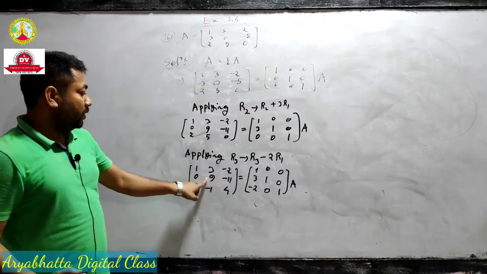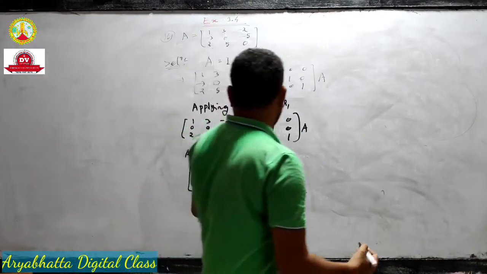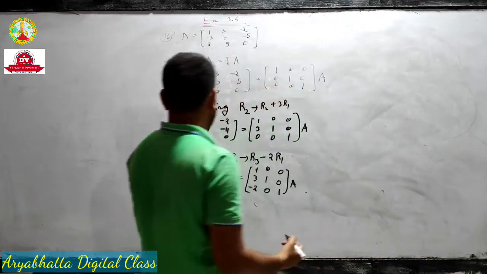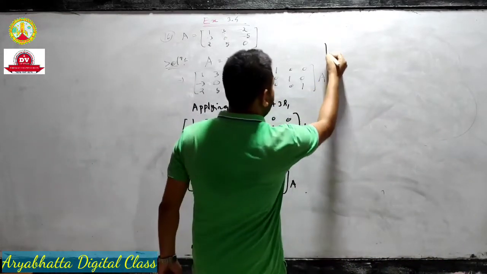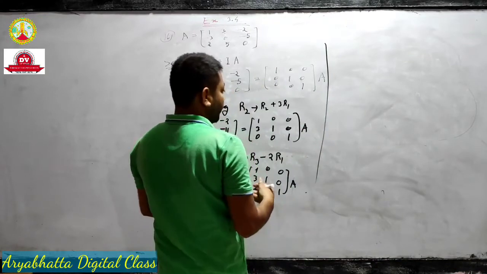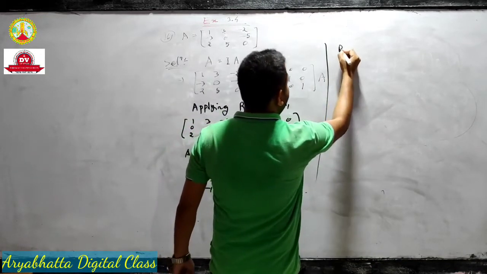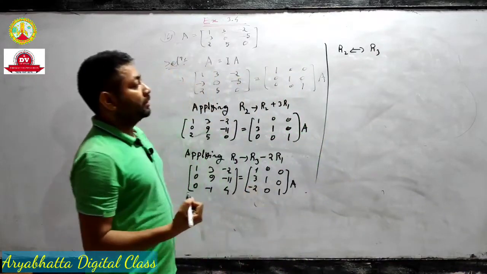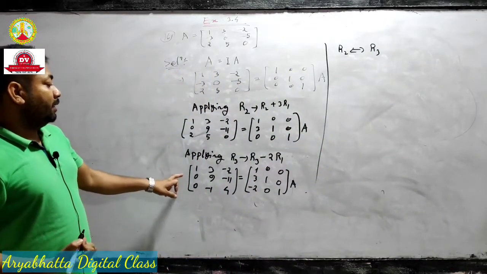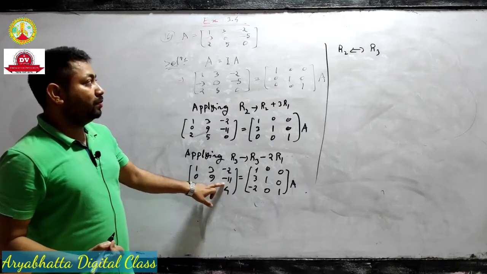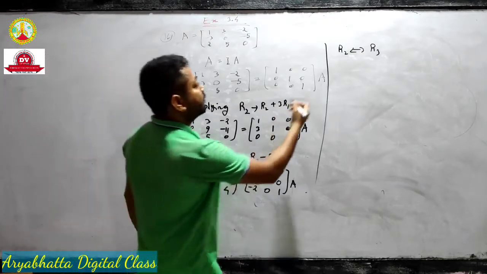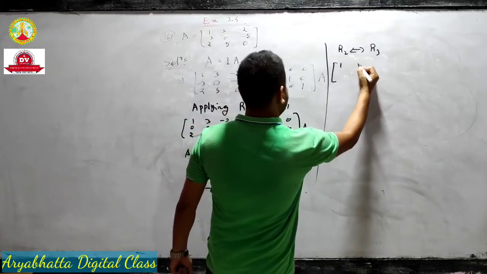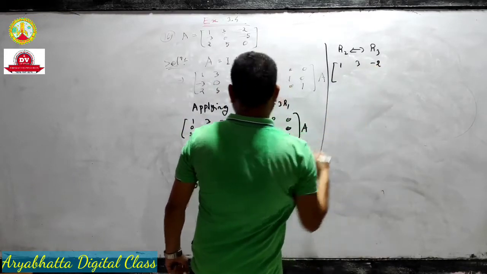Next, for these elements have to be equal to 1. Therefore, we interchange R2 and R3. That means the interchange of each element of R2 with R3. 1, 3 minus 2.